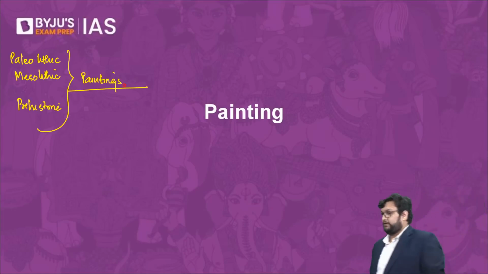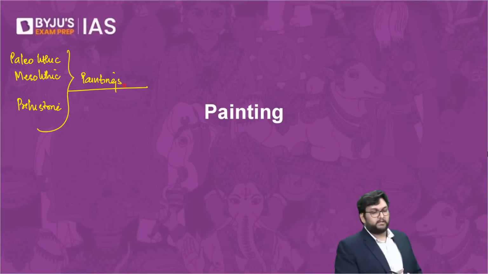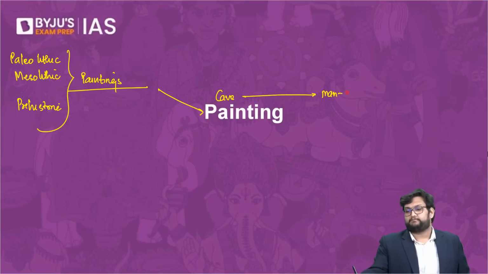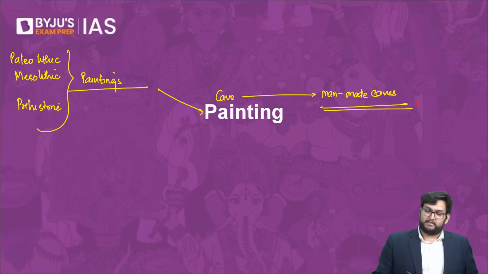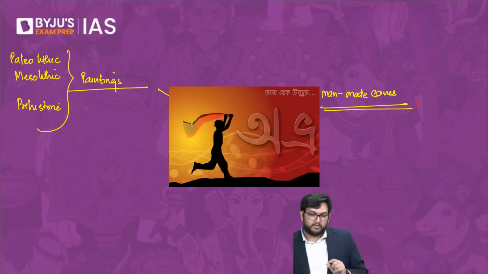And now our idea shifts away, and we move towards what are called cave paintings, but in man-made caves. And that is called something very specific. I'll tell you what it means.